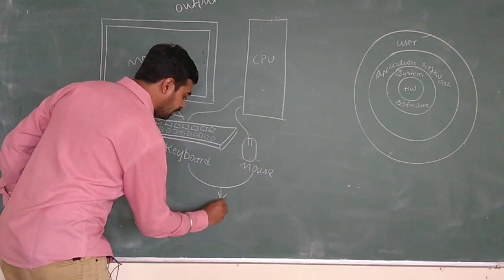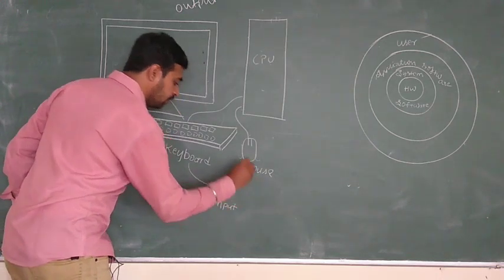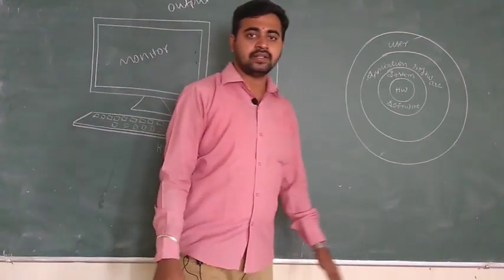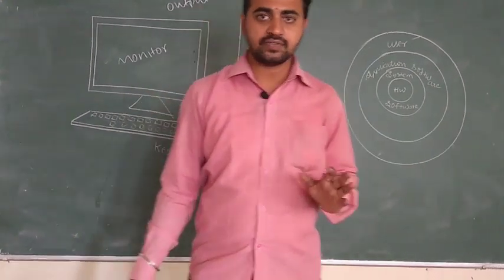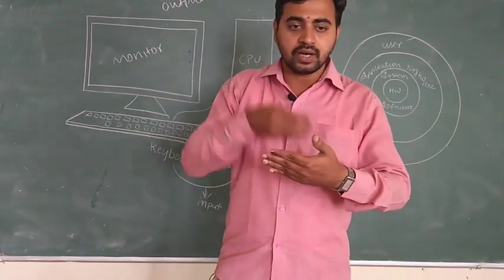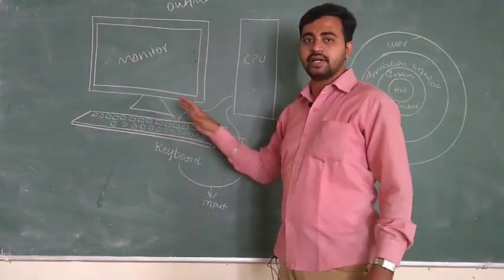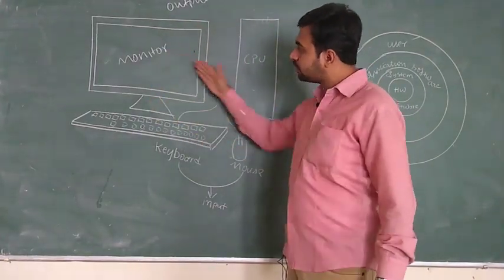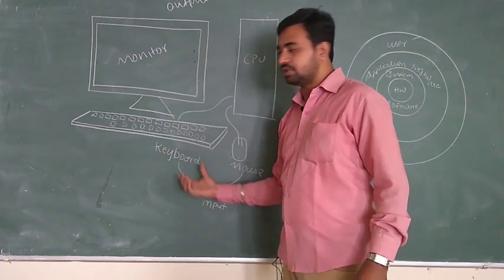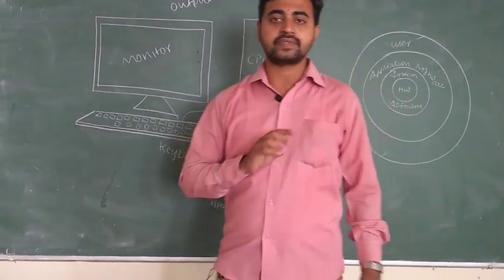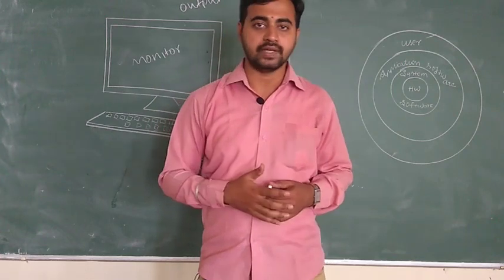Both the devices are input devices. What do you mean by input device? The flow of data starts from the outside world and flows towards the computer system. When the data flows from the outside world to the computer, it is called an input device. So keyboard and mouse are the best examples of input devices.